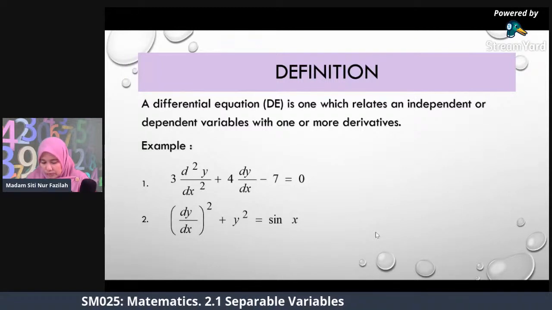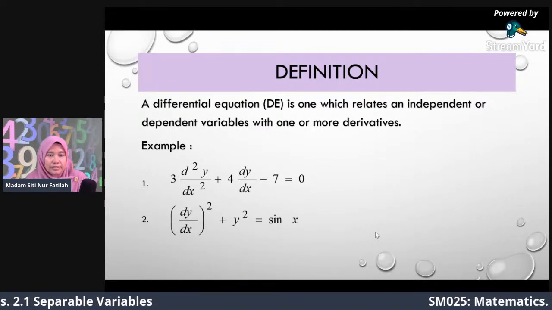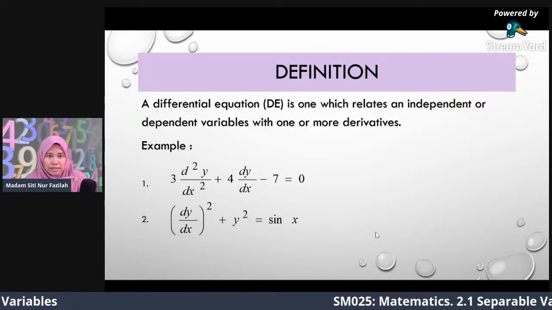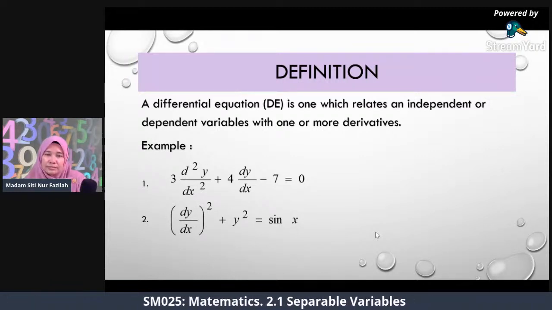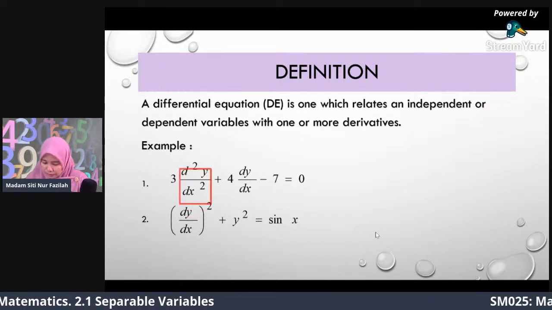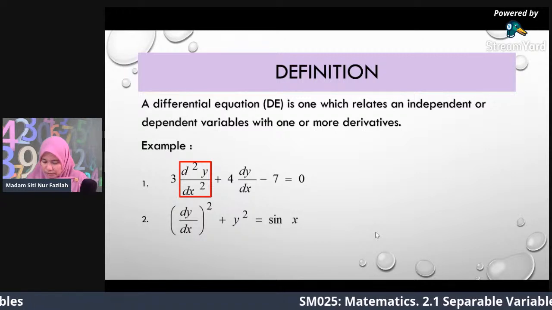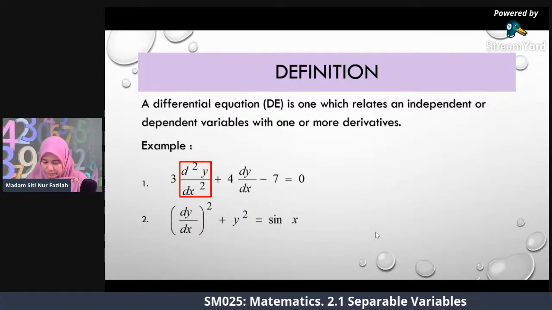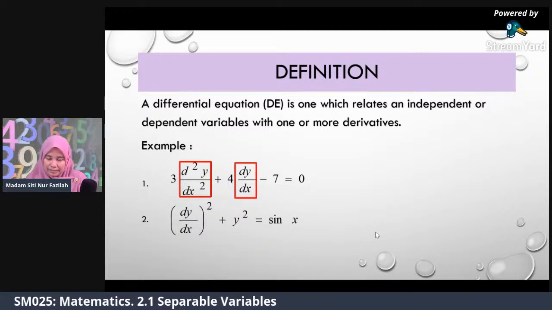Another example for derivative. Let's look at example equation 1 here. We have 3 d square y over dx square plus 4 dy over dx minus 7 equal to 0. We have one derivative here, d square y over dx square, and another one is dy over dx.